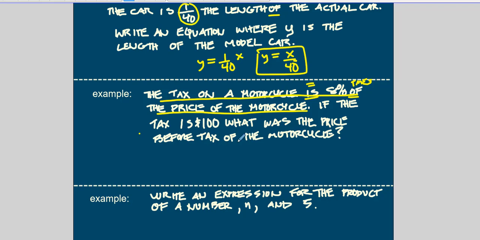And it takes time. It's worth it, oftentimes, to write out the problem before you put in symbols. So right here, the tax on a motorcycle is 8% of the price of the motorcycle. Okay, so the price of the motorcycle we'll call P. That's the original price.